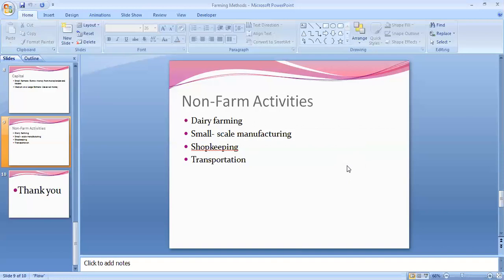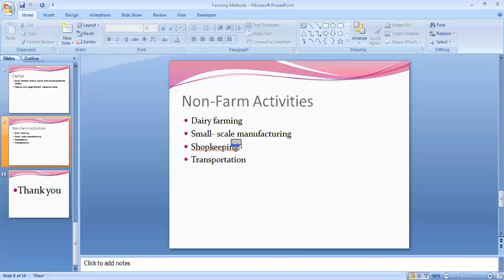The non-farming activities done in Palampur are, number one, dairy farming. Dairy farming is a common activity in many families of Palampur. And for this, two traders from Shahpur town have set up a collection cum chilling center at Raiganj, from where the milk is transported to faraway towns and cities.